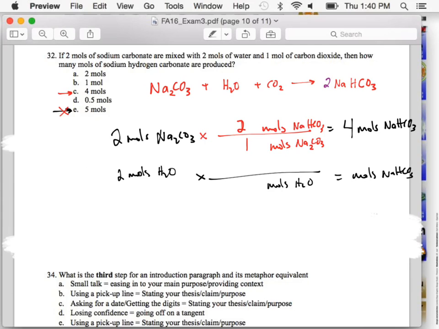Moles H2O to sodium hydrogen carbonate, 2 to 1, right? And we get an answer of 4. 4 is looking mighty nice, but unfortunately, it's the wrong answer. Because when we move to the last one, 1 mole of CO2 needs to convert into moles of sodium hydrogen carbonate.